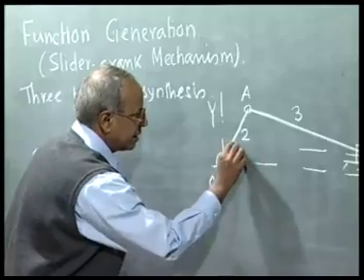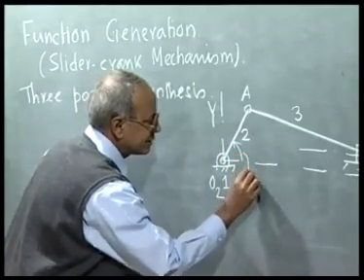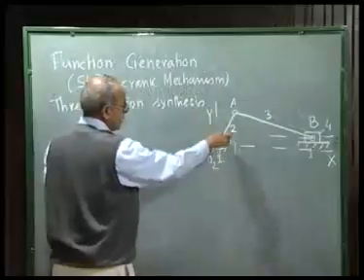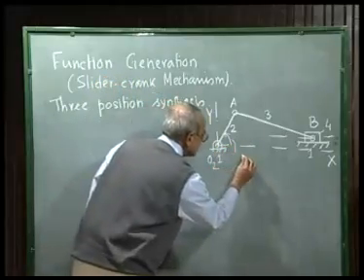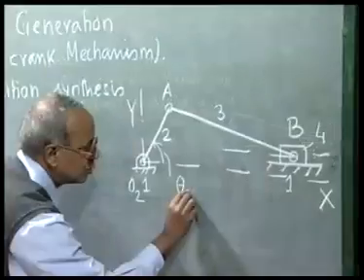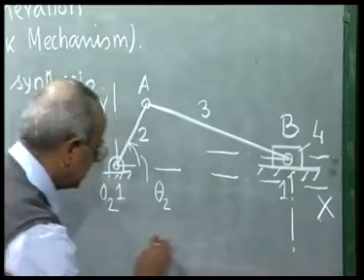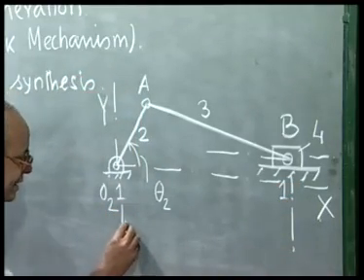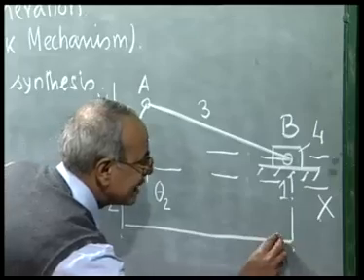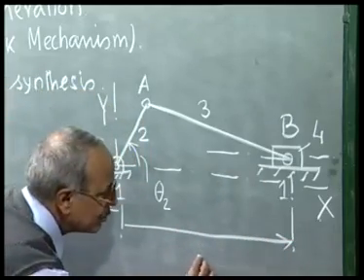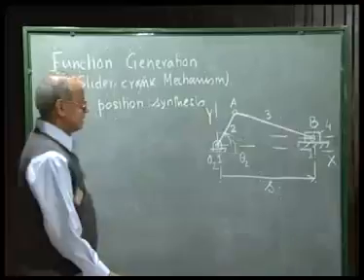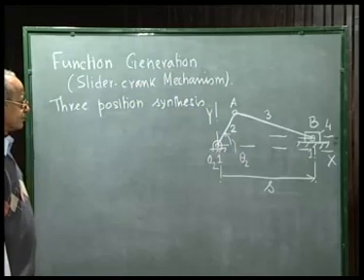The crank angle is measured from the x-axis. The angle that this crank O2A makes with the x-axis we call theta 2, and the position of the slider along the x-axis, that is the x coordinate of the slider, we write as S, the slider position.